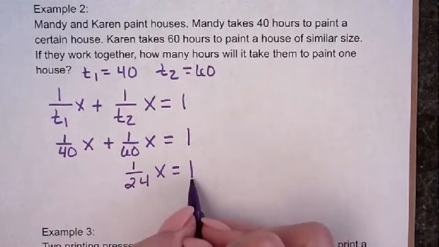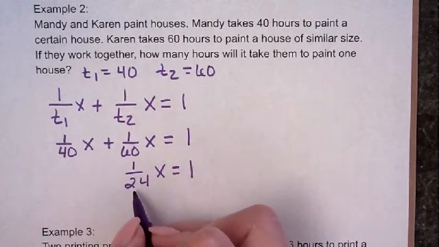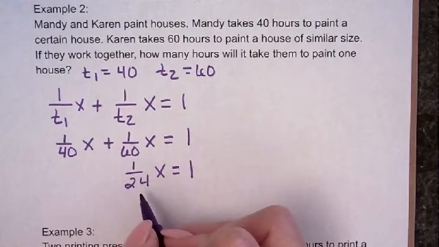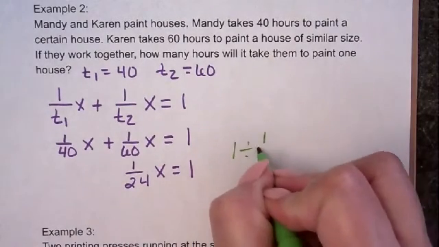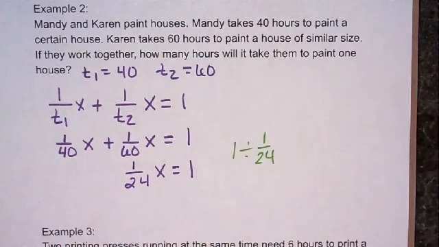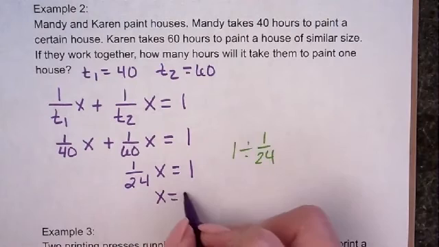Again, I'm going to do 1 divided by 1 over 24. If you need to see that, it would be 1 divided by 1 over 24 is what I would just stick into my calculator. And when I do that, it's just going to tell me 24. So x is equal to 24.